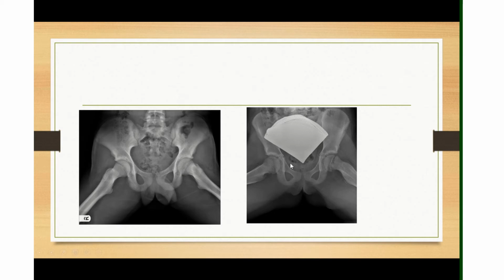So what are the X-ray features that help you in the diagnosis of slipped capital femoral epiphysis? One, the most classical is the slippage itself. But sometimes in the early stages, you cannot see slippage, but there can be some other signs that can help you consider the possibility of SCFE. So the slippage of the epiphysis may not be seen in the early phases.